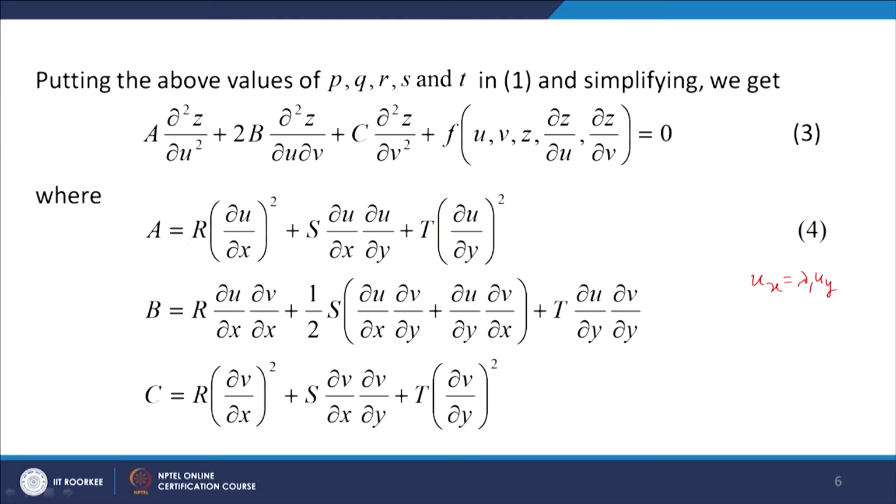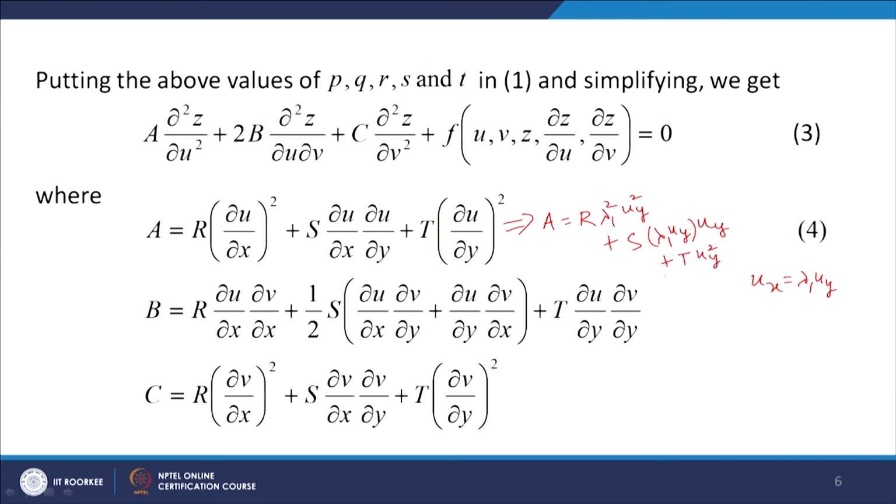This will give you a equal to r times u x square, u x square means lambda 1 square u y square, plus s times u x, u x is lambda 1 u y, plus t times u y square.